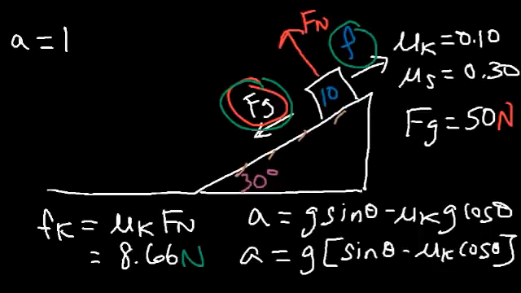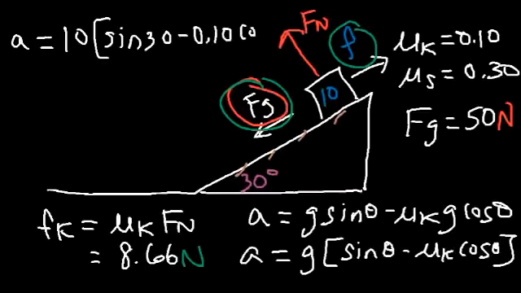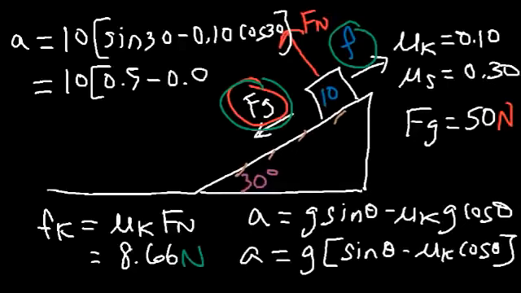So g is 10, and then we have sine 30 minus mu k, which is 0.10, times cosine 30. Sine 30 is 0.5. Cosine 30 is 0.866, multiplied by 0.10, that's 0.0866.